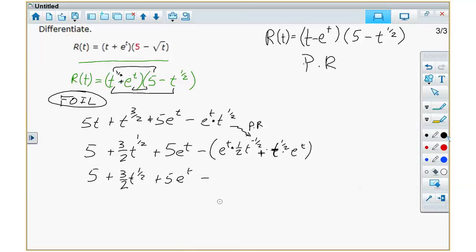Minus e to the t over 2 square root of t. Plus e to the t, that's going to be a minus, sorry. Minus e to the t, t to the 1/2.